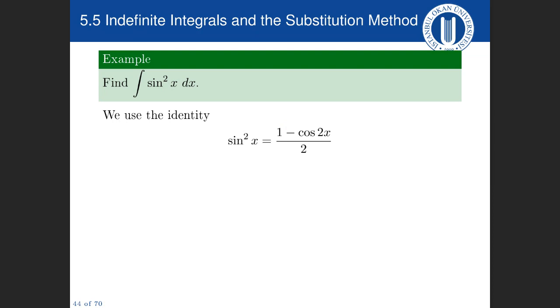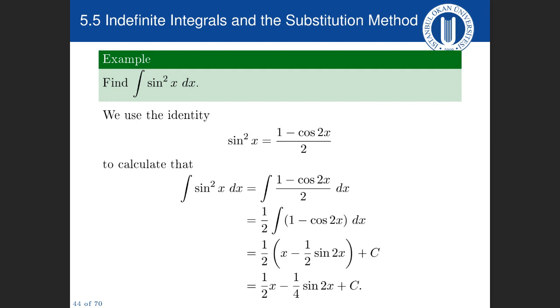Find the integral of sin² x dx. To calculate this integral, we're going to need to use one of the trigonometric identities. We're going to be using sin² x = (1 − cos 2x)/2.